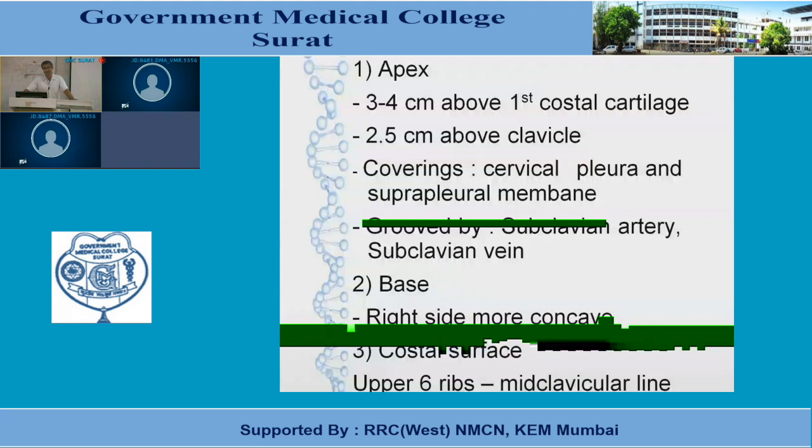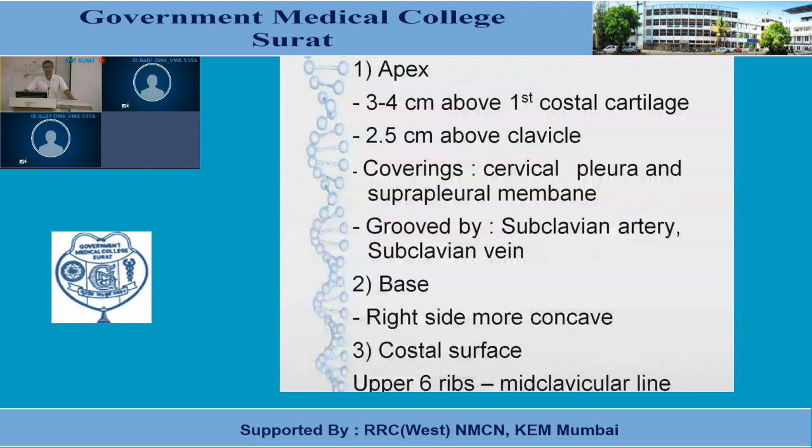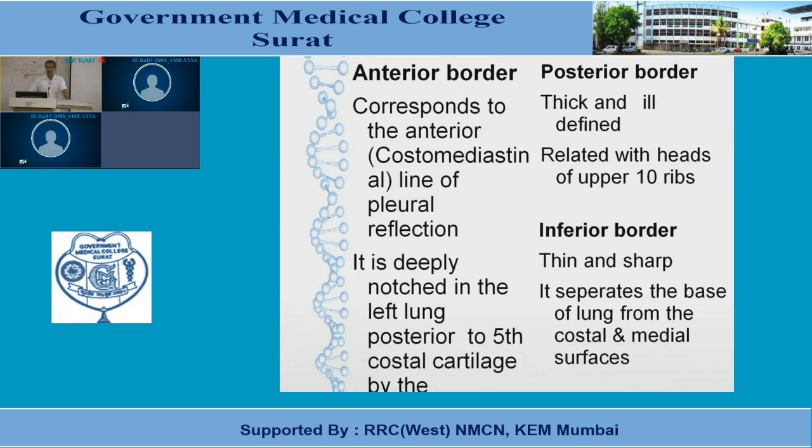It will come in relation with upper 8 ribs in mid-axillary line. And it will come in relation with upper 10 ribs in scapular line. These are relations. Ribs will form depressed parts, and intercostal spaces will form elevated parts in relation with these ribs. Now anterior border.